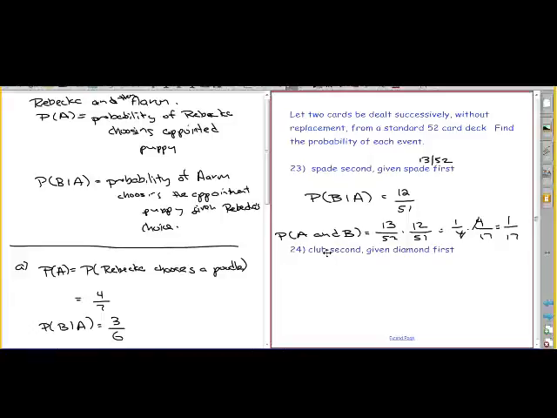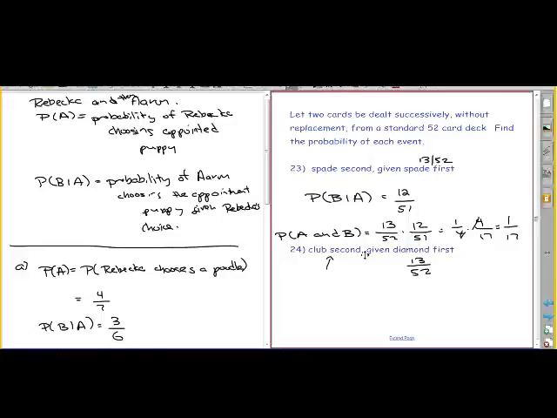The second one says, what's the probability of getting a club the second time given that you've chosen a diamond the first time? Well, the probability of picking a diamond is 13 out of 52. So that's the probability of event A happening.